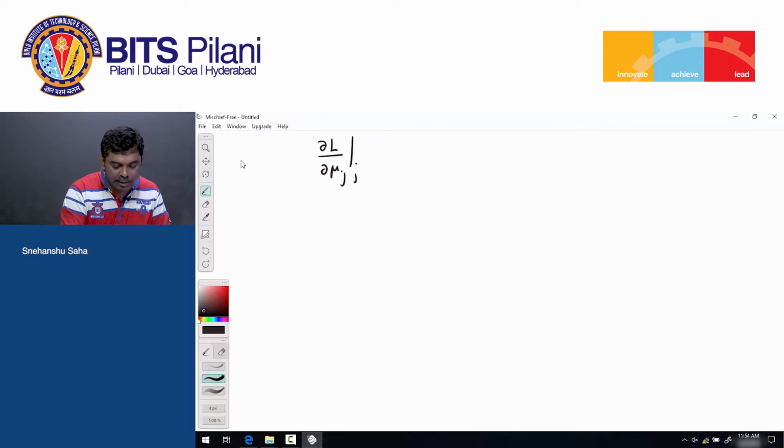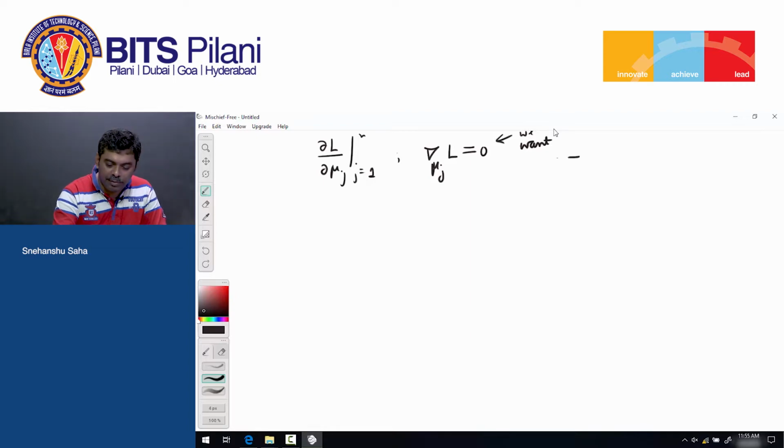Because it's a multivariate function, this is what you have to do, and this is what we want. I'm going to skip the pretty straightforward vector differentiation. What you are going to get is this, and this is important, so let's focus on this.